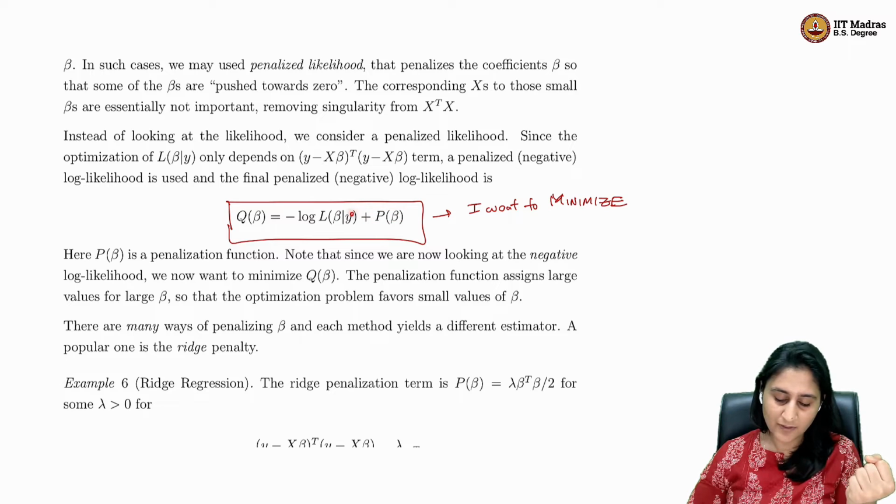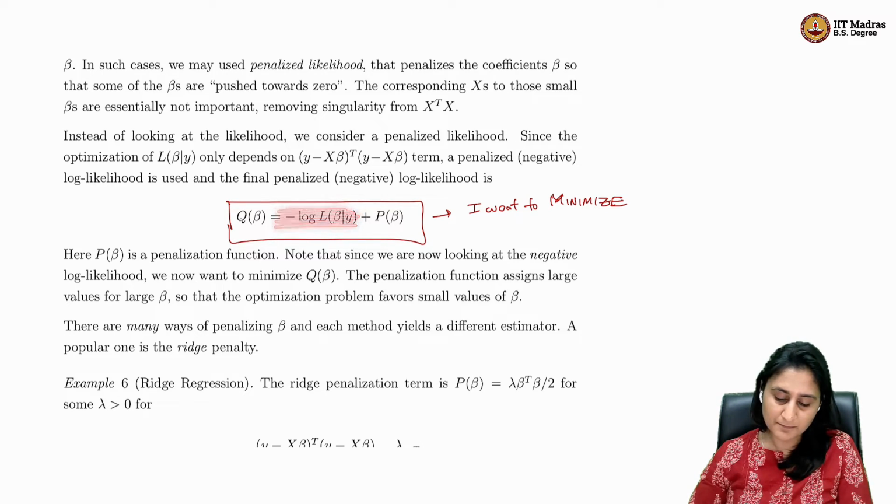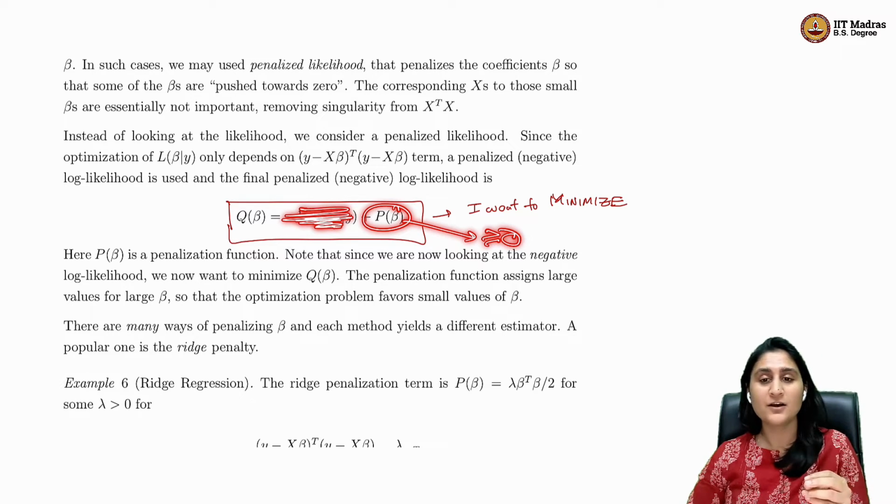Now, if I take this term over here and just minimize the P beta term, because this P beta term is typically going to be greater than or equal to zero, then this P beta term is minimized for beta equal to zero.